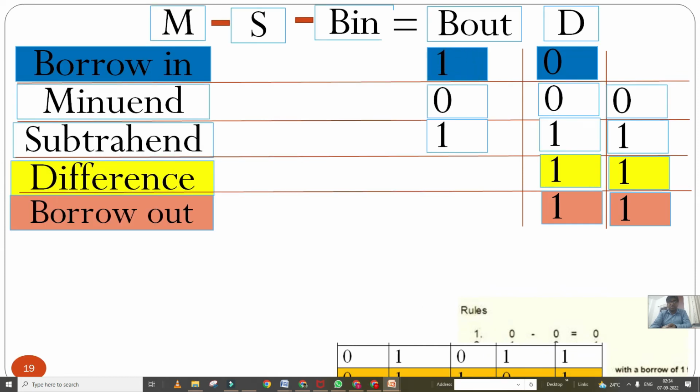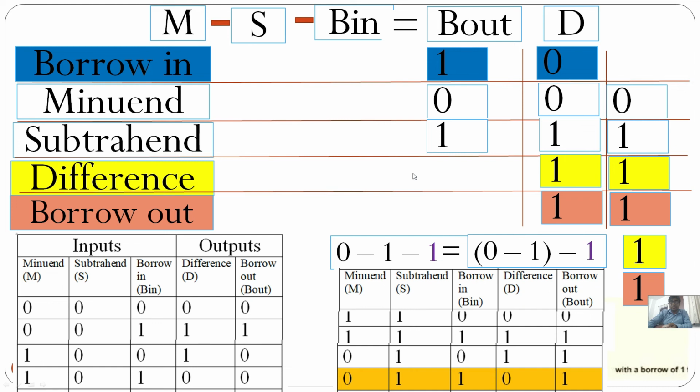Now for this case, absolutely it is fine. 0 minus 1 is minus 1. 0 minus 1, the difference is 1 with borrow 1. This is not a big issue.